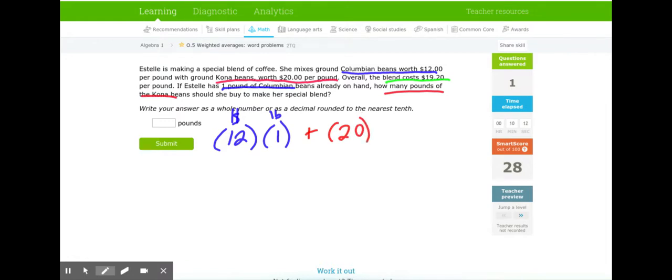So this is what we're trying to find. So 20 times X. And then for green, our overall blend costs $19.20. So 19.2 times the amount for the blend is going to be 1 pound plus X pounds. So 1 plus X.